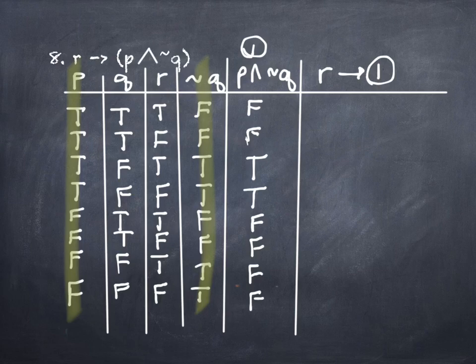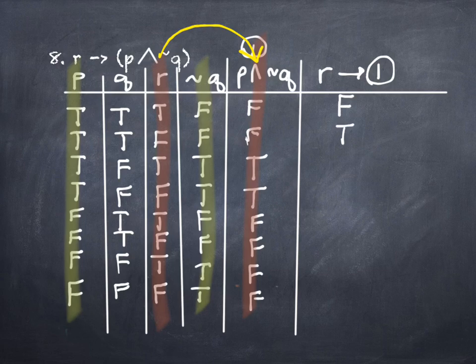All right, now let's go with column 1 and column R, and we're supposed to take R into column 1, what I've labeled column 1 anyway. So this is an arrow statement, right? This is the implication, the if-then. So this one on the first row starts out true, and it results in false. What's that one? That's false. The only time that it's false is when it goes true then false. The second one is false, false, which is true.